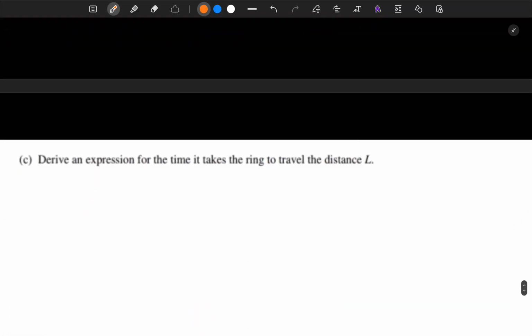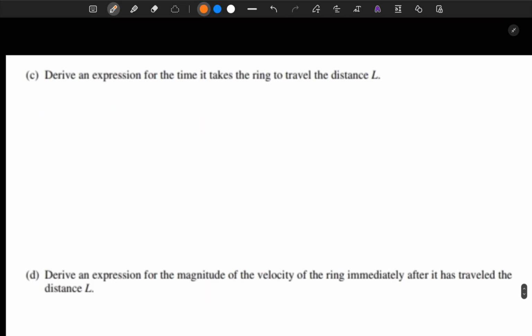Next, we wish to derive an expression for the time it takes for the ring to travel the distance L. Well, after a distance of L, the linear velocity v should be equal to r omega. As a note, this occurs at the distance L because after L, there's no more sliding.